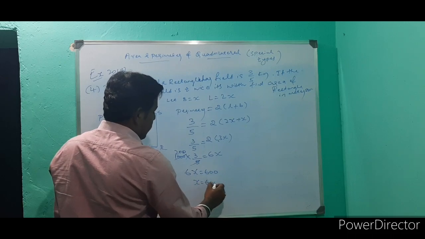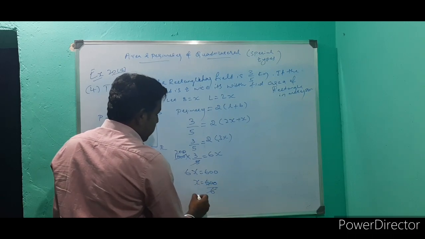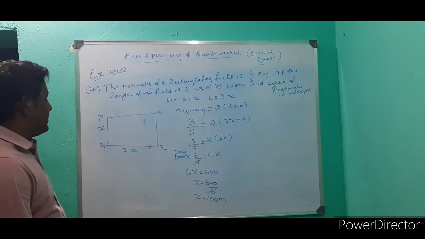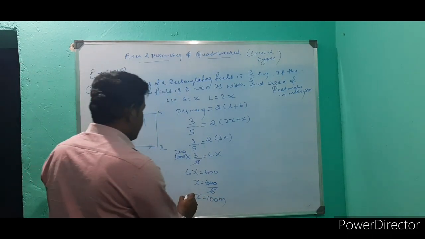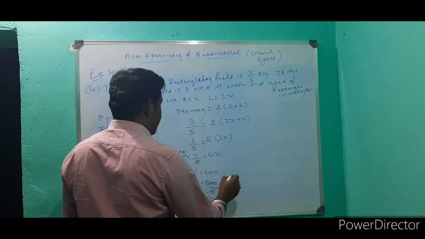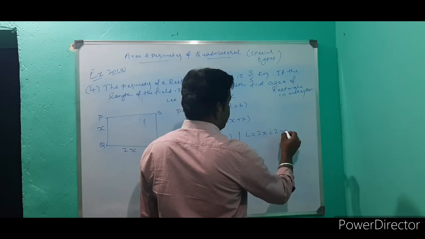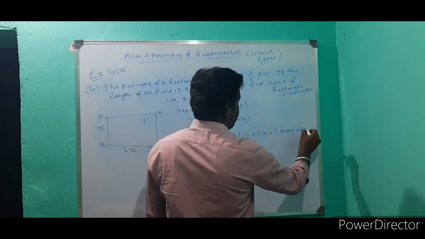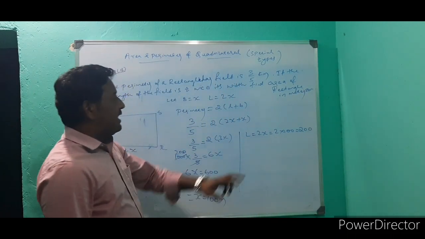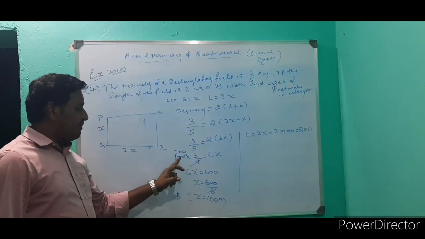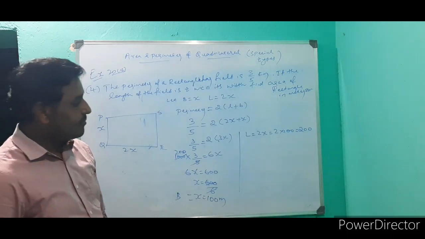X is equal to 100 meter. So that is width is equal to how much? B is 100. L is equal to 2 into x, 2 into 100 means 200. They are given in kilometer, but we want area in meters. That's why I multiplied here 1000.